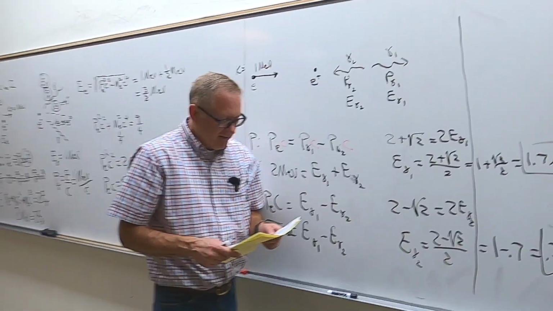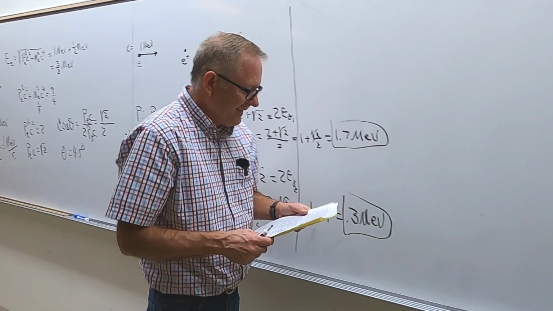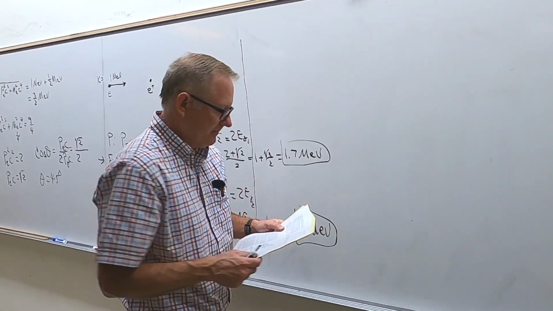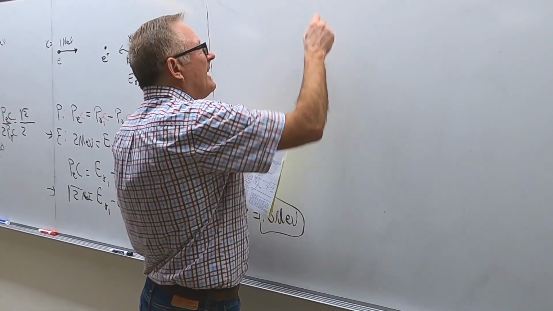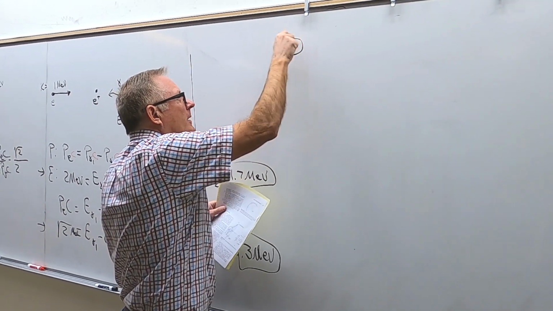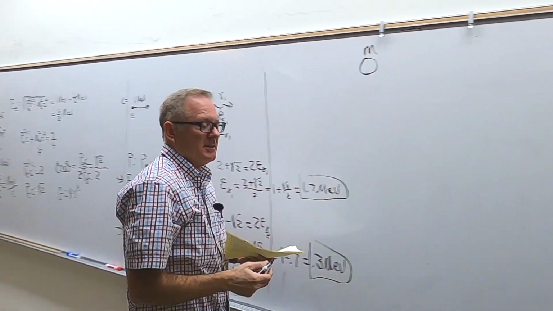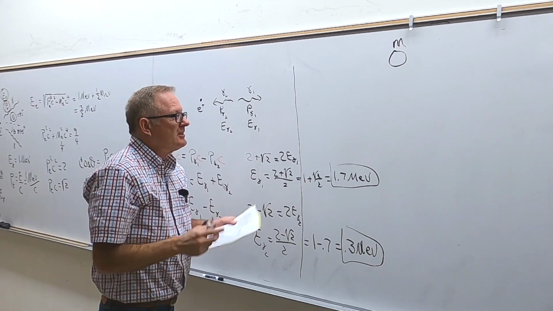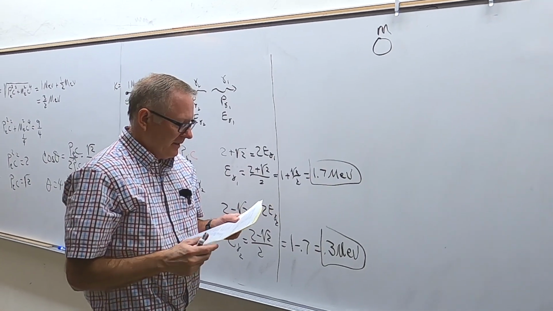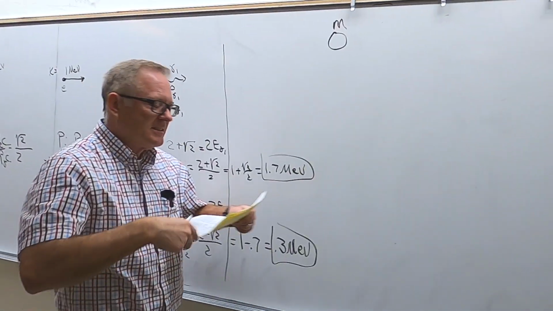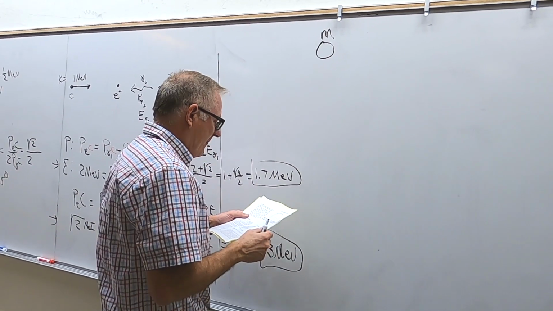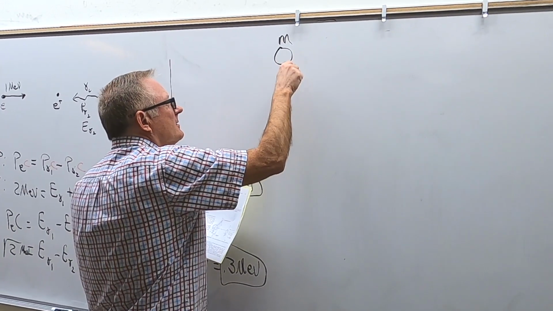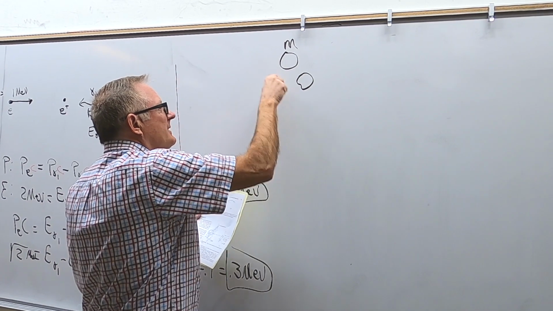So if we now look at number 23, they say an unstable particle of mass, and they give us the mass. I'm just going to call it M. It is initially at rest. Then it disintegrates and flies off into two fragments. Two pieces go flying.